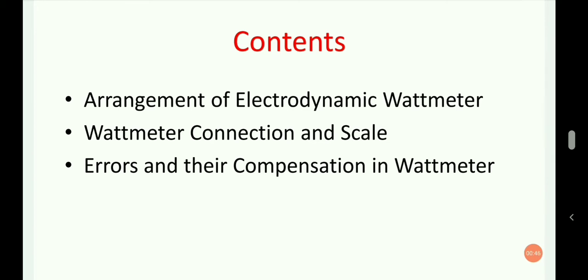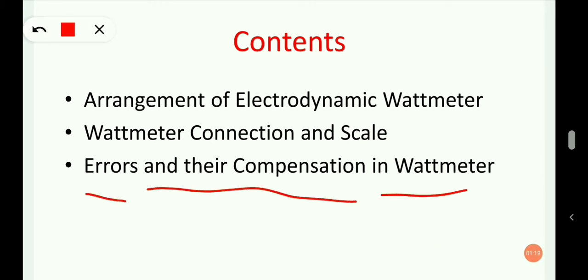In this we have seen about current coil connections as well as pressure coil connections, how they are connected in series or parallel with the load, and about the scale of wattmeter, that is uniform or non uniform. So now in this video we will see about errors and their compensation in wattmeter.